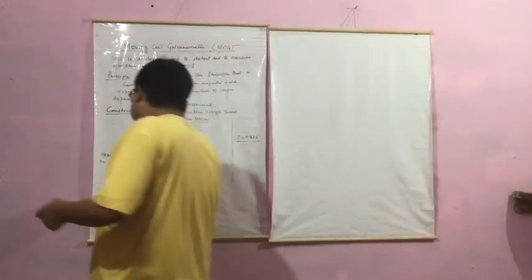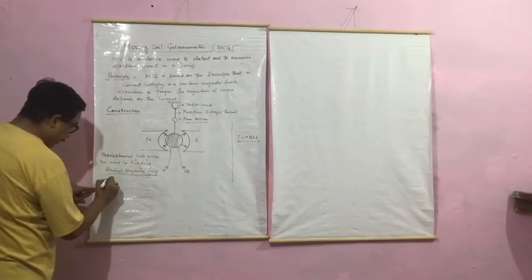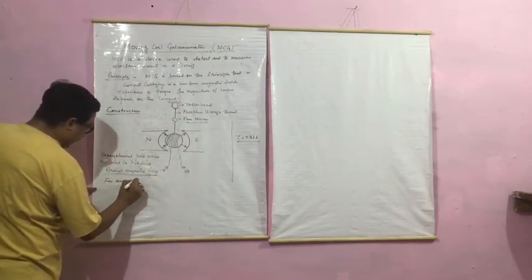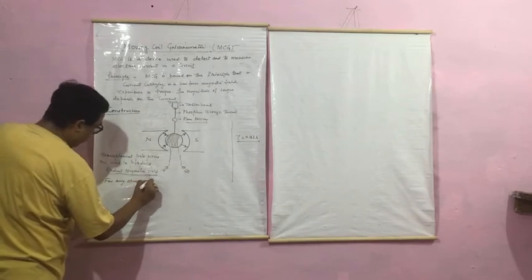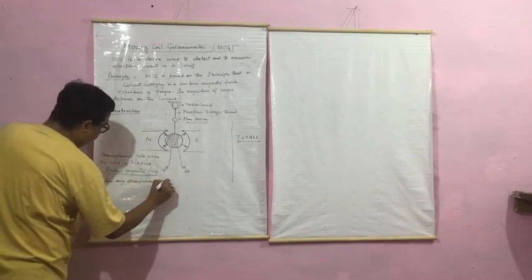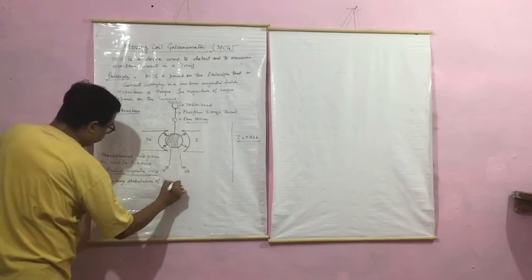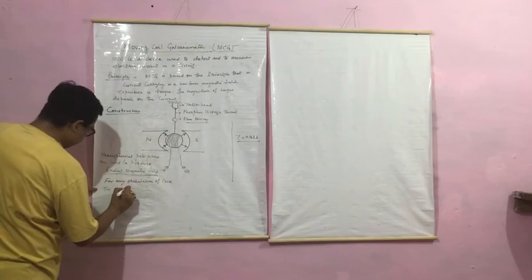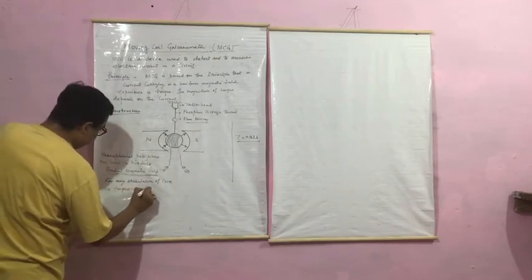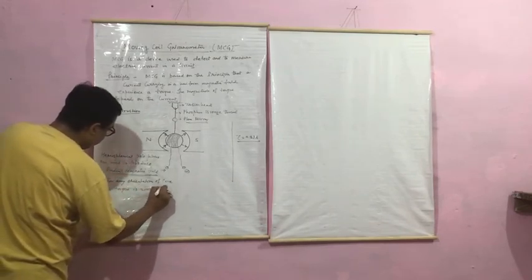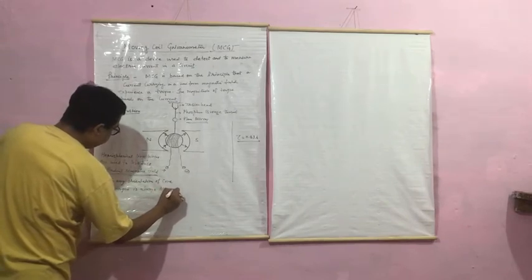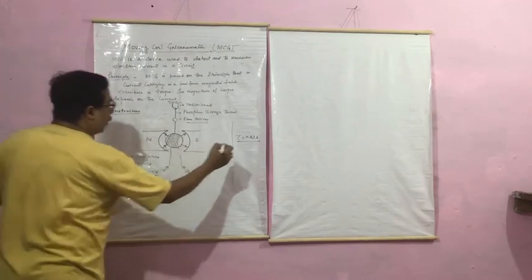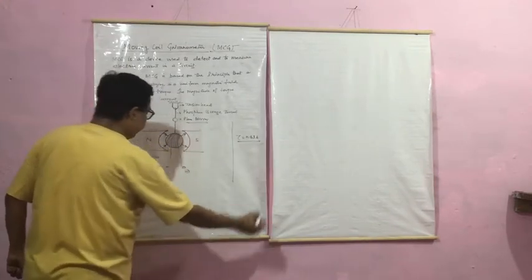Okay? So the importance of radial magnetic field is that for any orientation the torque is always maximum, and this we need actually, because we want to apply the formula of maximum torque, that is NBIA.